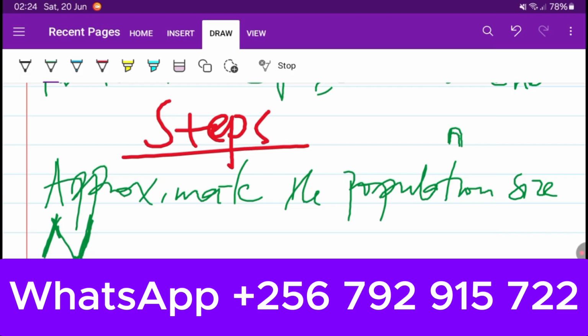So, as long as you know the population size, the next thing, the second step, is to determine the desired sample size. We say the sample size is represented by small n.